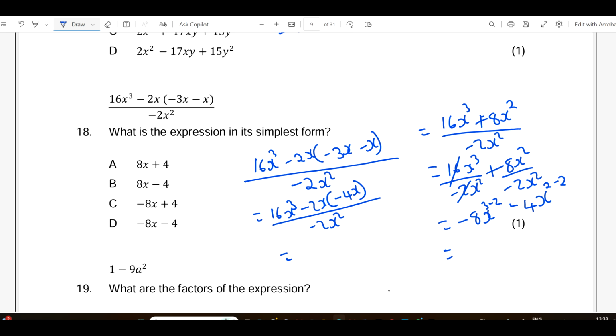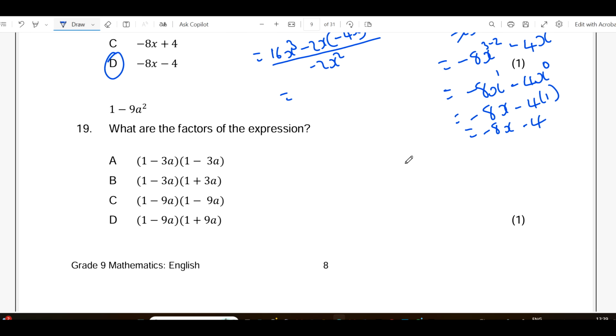So the answer is going to be minus 8x to the exponent of 1 minus 4x to the exponent of 0. So the answer is going to be minus 8x minus 4. x to the exponent of 0 is 1. Therefore, the answer is minus 8x minus 4. So the correct answer is D.